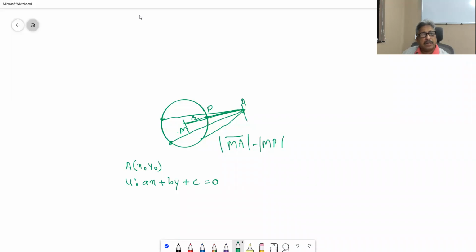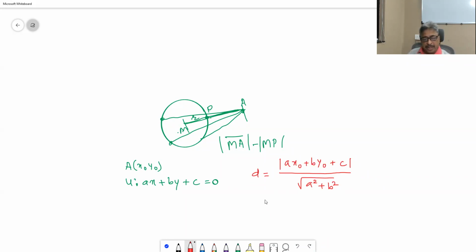The distance is the absolute value of a x naught plus b y naught plus c, divided by root of a square plus b square.